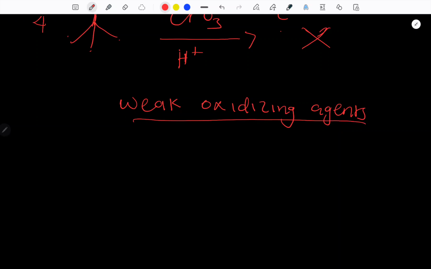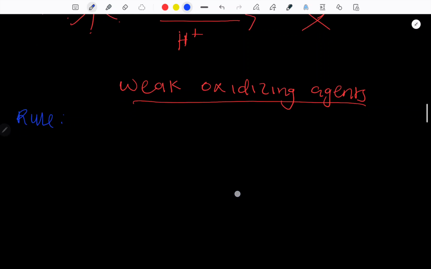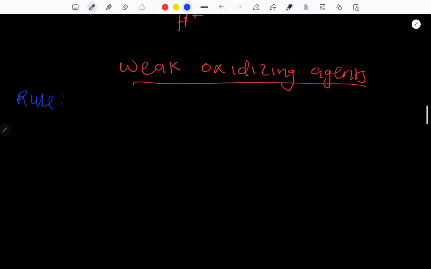Now let us also focus on the law so that we should be able to use them correctly. Rule number 1, weak oxidizing agents convert primary alcohols to aldehydes. They do not go through the complete oxidation process, but they just stop at intermediates.